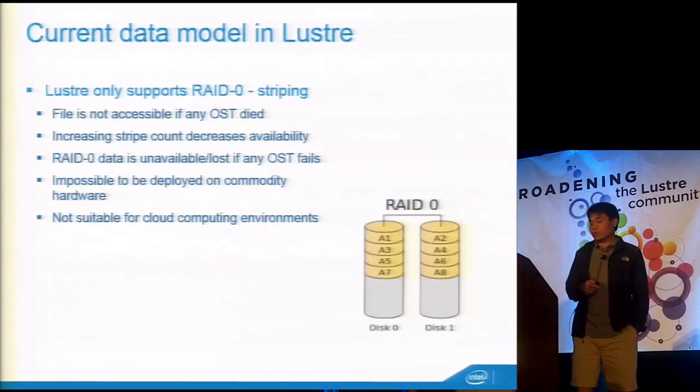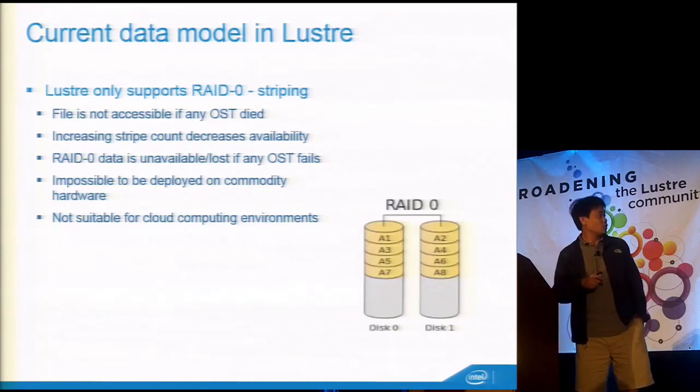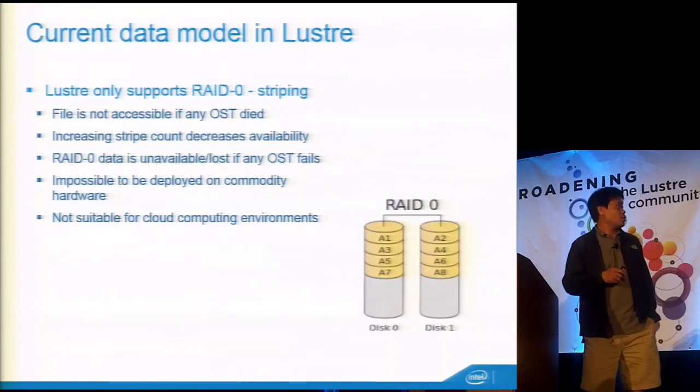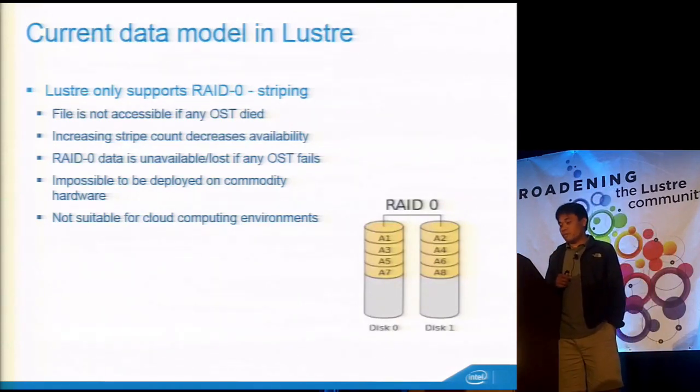Okay, so the current data model in Lustre only supports RAID 0, that is striping, right now. So it has some major drawbacks. For example, the file is not accessible if any OST failed.